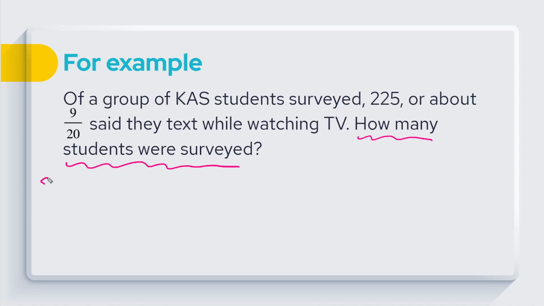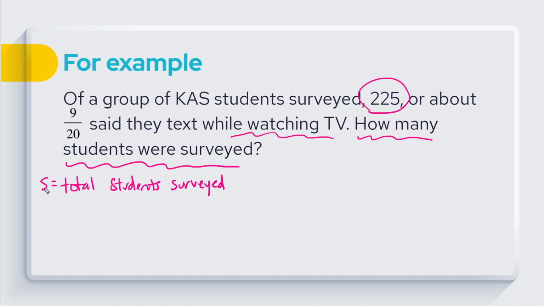So we know that we need to find that, and you can tell from our sentence that we don't know that, right? We know that 225 answered that they did this, but we don't know how many total students were surveyed.